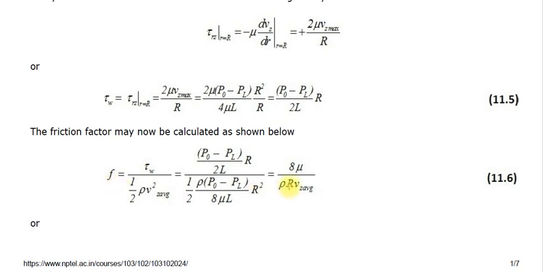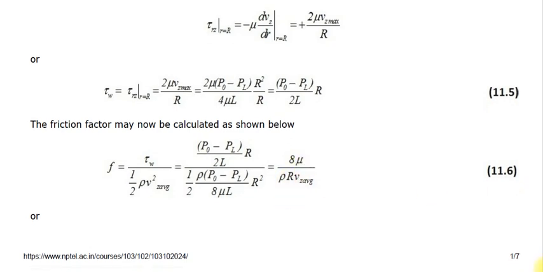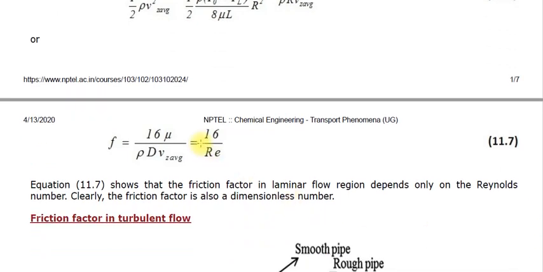The friction factor becomes 8 mu by rho R v average, and if you multiply R with 2, it becomes D. So rho D v by mu is the Reynolds number. So the friction factor can be written as 16 by Re, where Re is the Reynolds number.